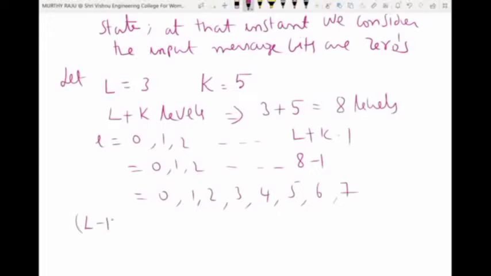L minus 1 means 3 minus 1, that is equal to 2. That means small l is equal to 0, 1, 2.